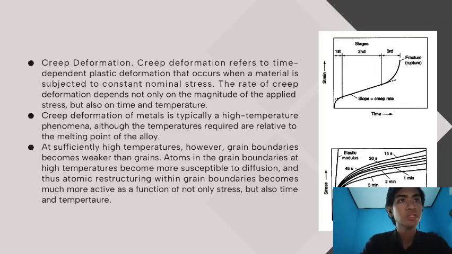Atoms in grain boundaries at high temperature become more susceptible to diffusion, and thus atomic restructuring within grain boundaries becomes much more active as a function of not only stress, but also time and temperature. This creates conditions for creep deformation.